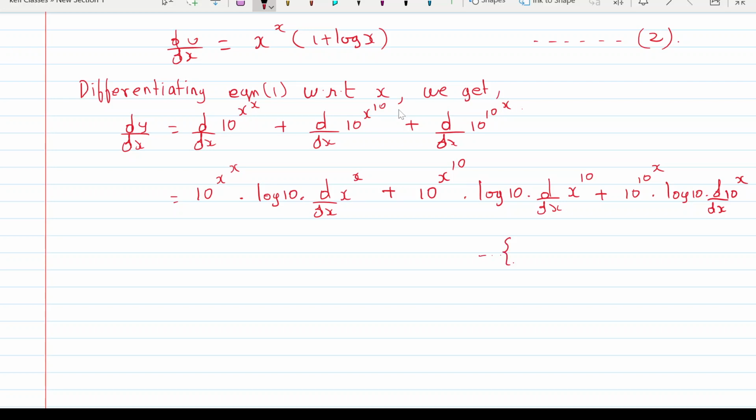The reason is d by dx of a raised to f of x is equal to a raised to f of x into log a into d by dx of f of x.